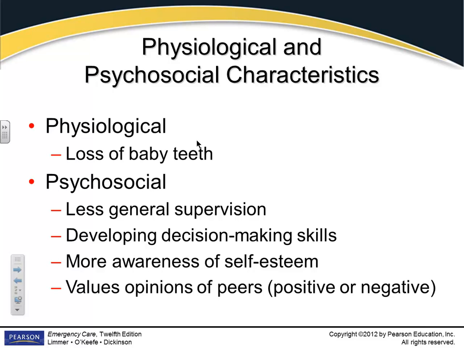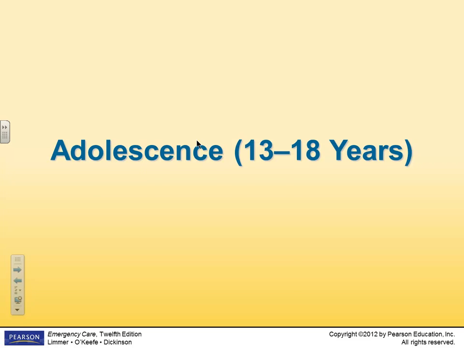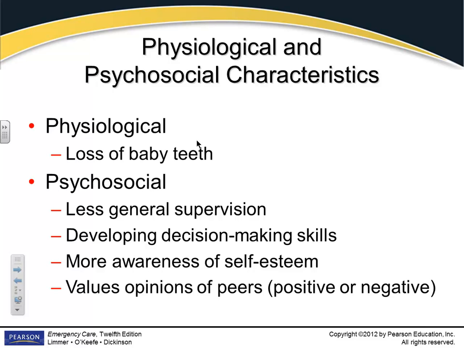Right? So I'm not looking forward to that. So more awareness of that kind of stuff. Values the opinions of peers, positive and negative, and they're going to start to become a big influence in their life. So these are things you have to be aware of when we're assessing this age range of child.